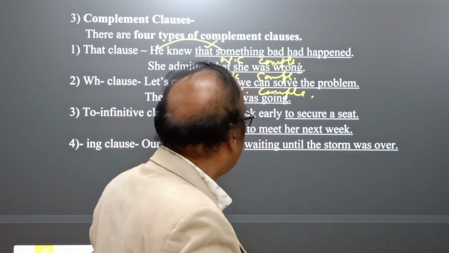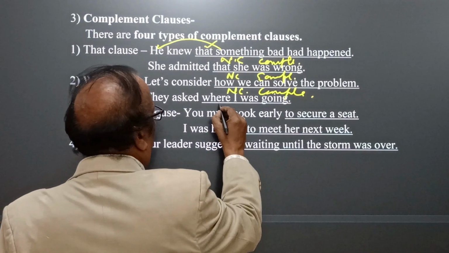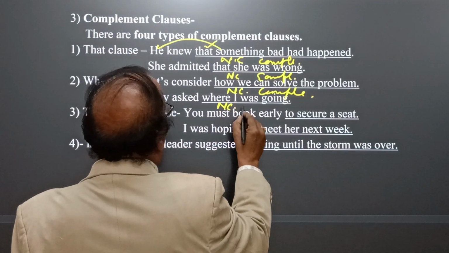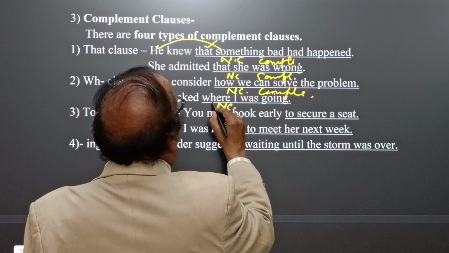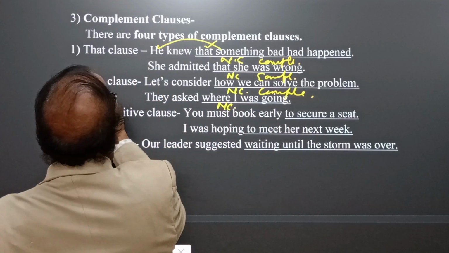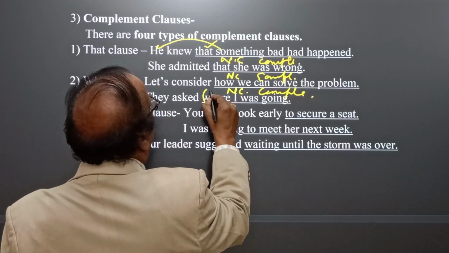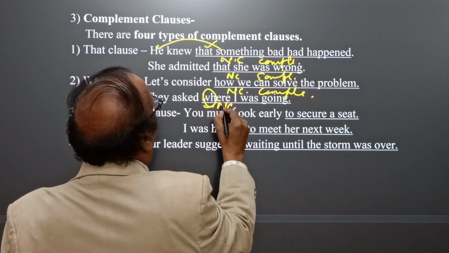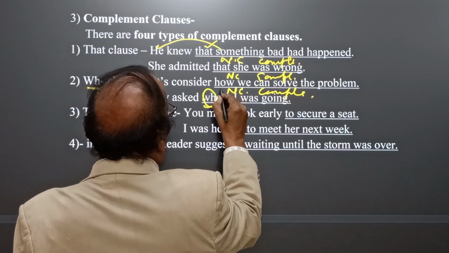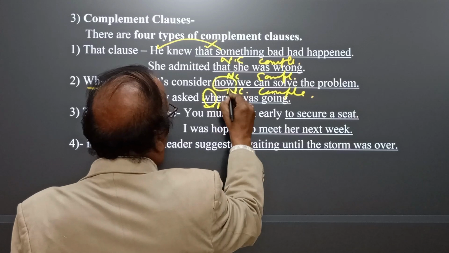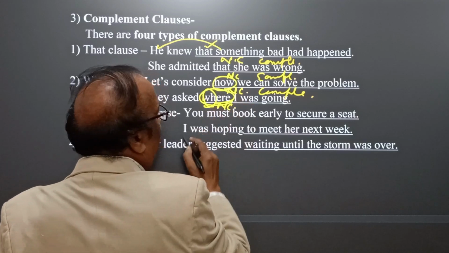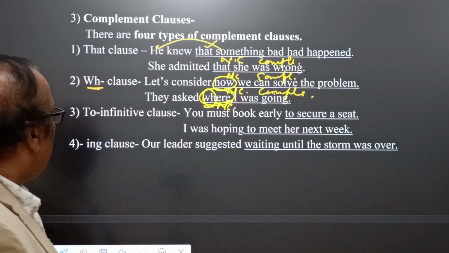It means it is also a noun clause, and it is a WH clause because it begins with the WH word. It is also a WH word, that is what, how and where, and hence here a WH clause.